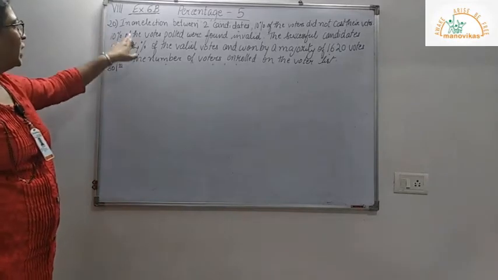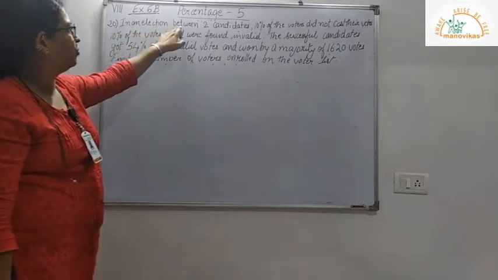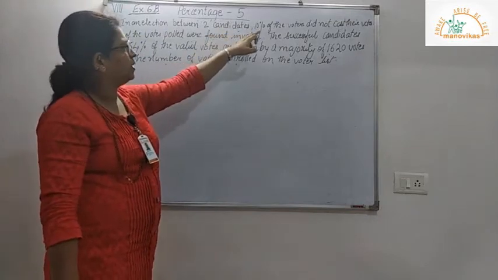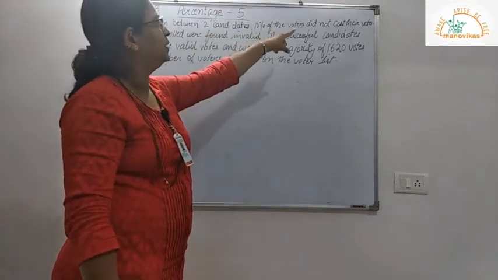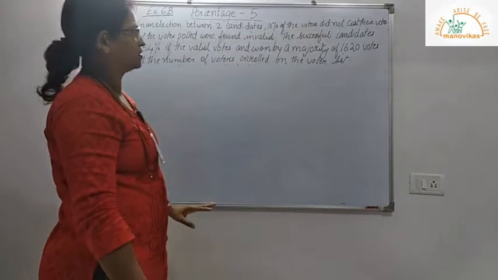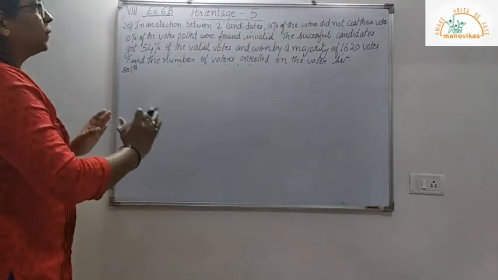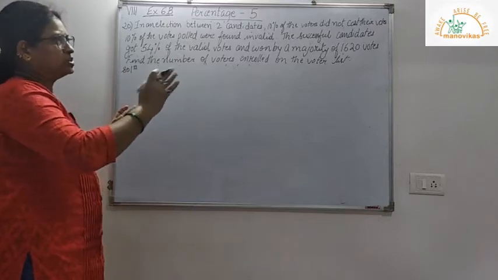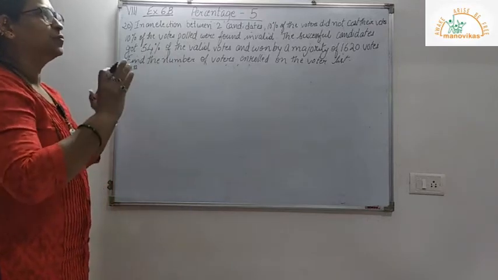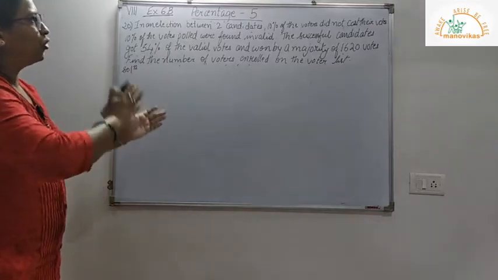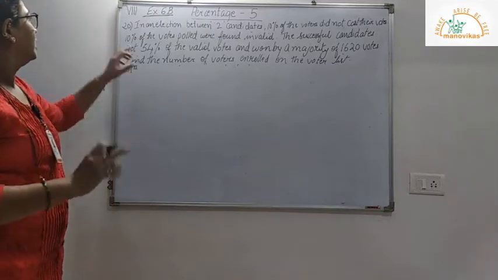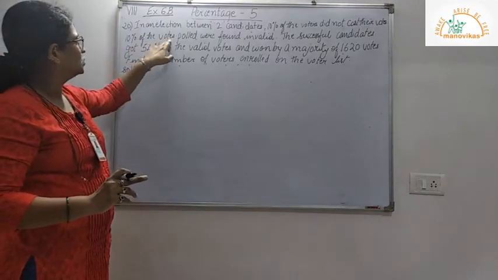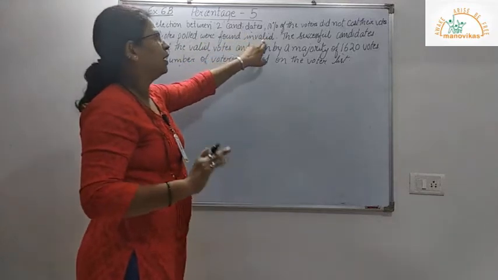Now in this, in an election between two candidates, 10% of the voters did not cast their votes. So from the total votes, 10% of the voters did not cast their votes. Now from the remaining, 10% of the votes polled were found to be invalid.